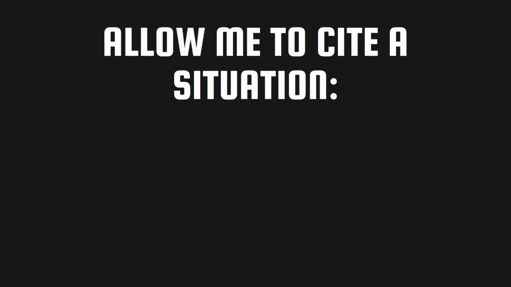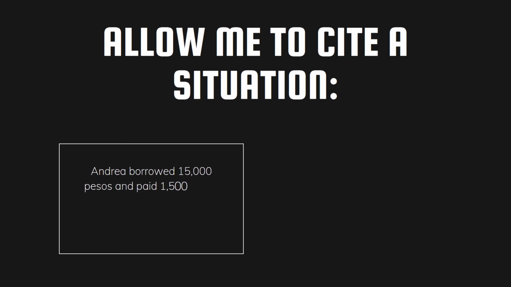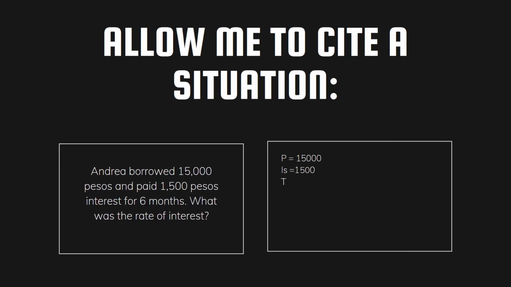Allow me to cite a situation. Andrea borrowed 15,000 pesos and paid 1,500 pesos interest for 6 months. What was the rate of interest? P equals 15,000, IS equals 1,500, T equals 6 over 12 or 0.5.